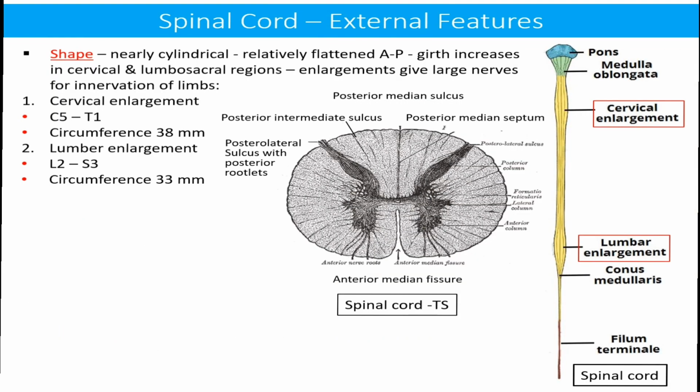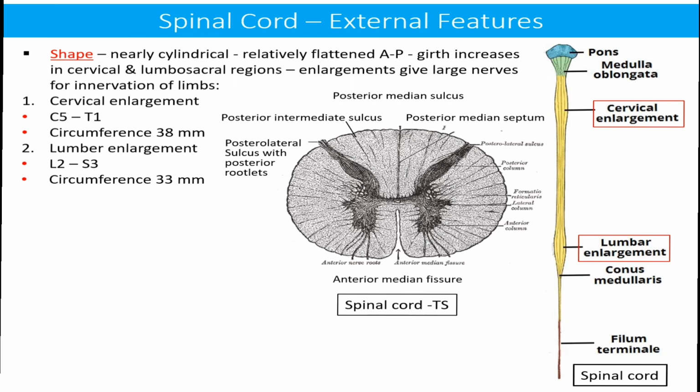Now we start with the external features of the spinal cord. Spinal cord is nearly a cylindrical structure, relatively flattened anteroposteriorly. Its girth increases in cervical and lumbosacral regions, which are named as enlargements. These enlargements give large nerves for innervation of the limbs.